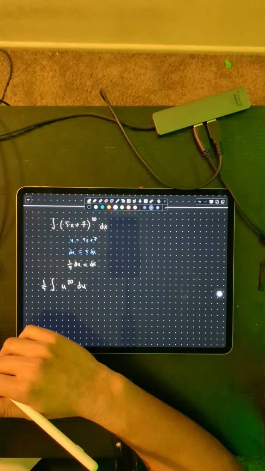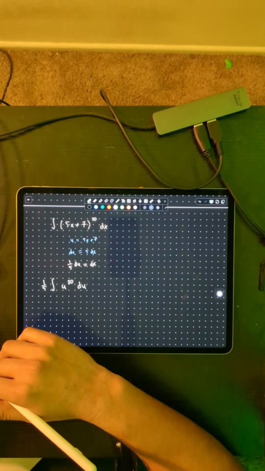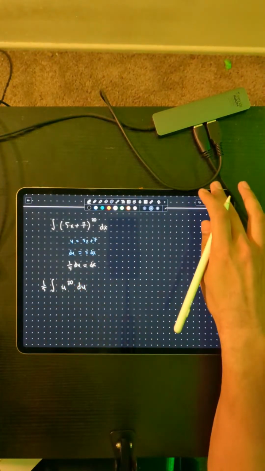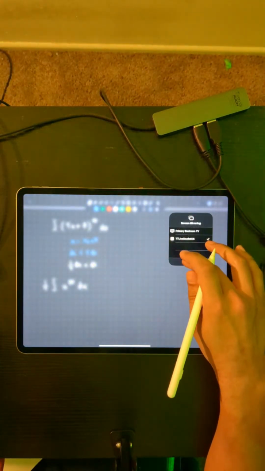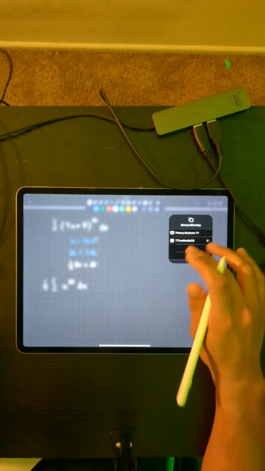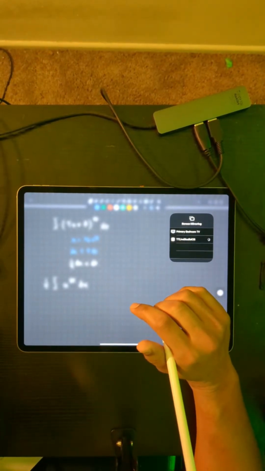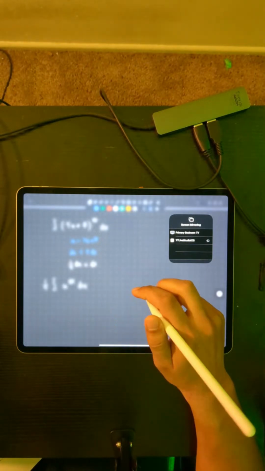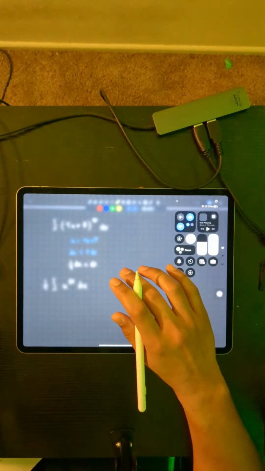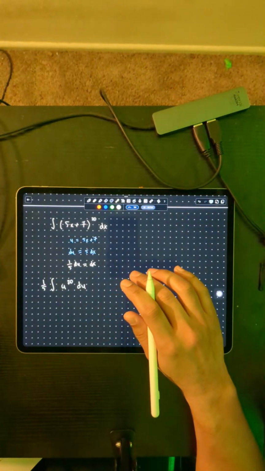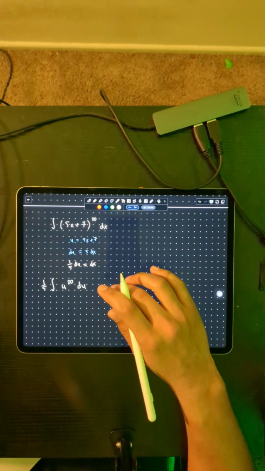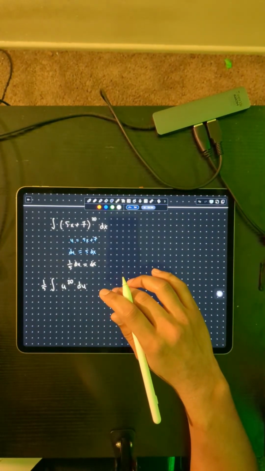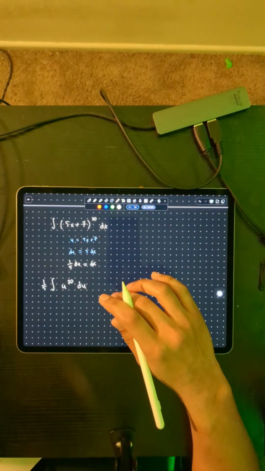My Obsidian went away, but at least you can still see my screen. Let's see if this comes back. At least you can see my iPad. My advertisement is no longer there, which is unfortunate, but let's move on.